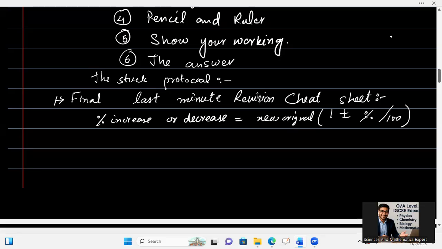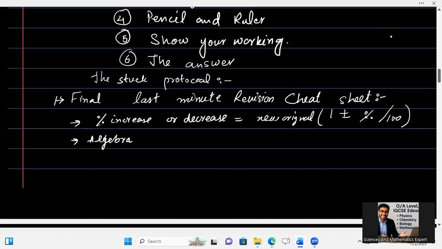Next, algebra. Algebra is basically solving quadratics: factorize if possible. If not, then use the quadratic formula, okay?